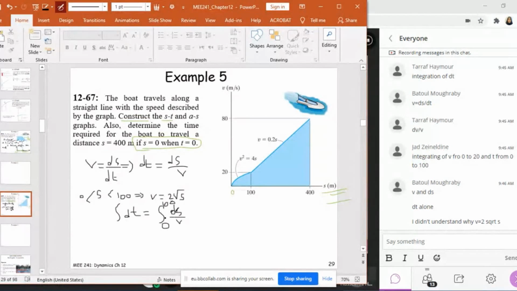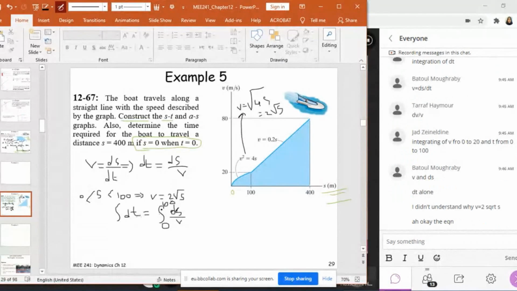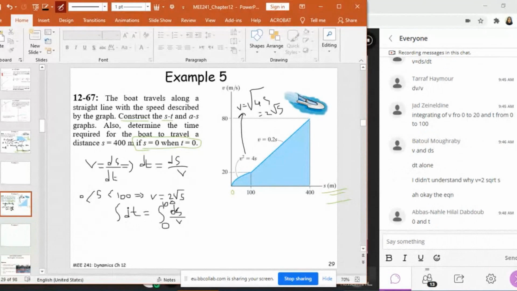Now, guys, the boundaries of s is between 0 and 100. What about the boundaries of t? Sorry, I'm gonna replace this 100 by s to find the general equation. So the boundaries of ds over v is between 0 and s.